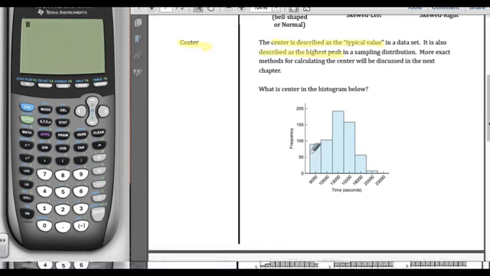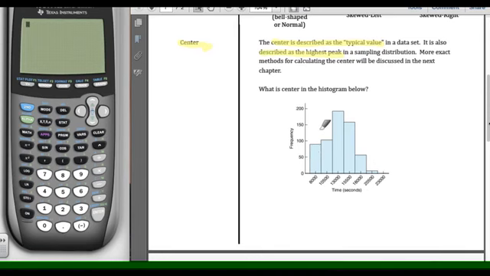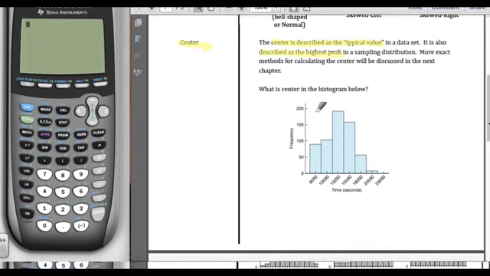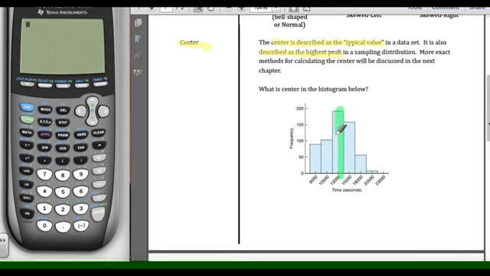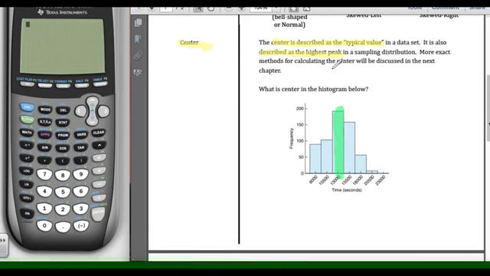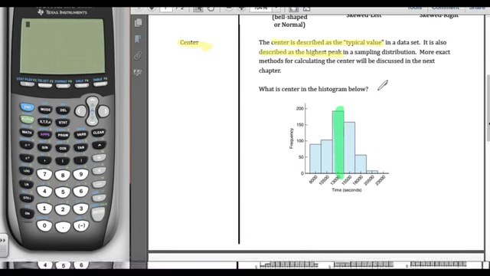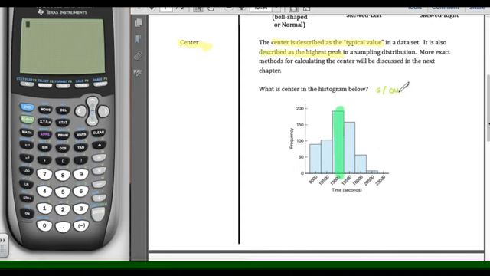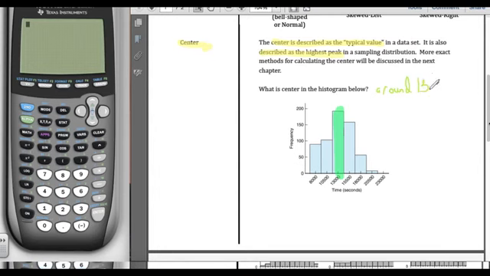If I look at this particular display, the highest peak is right here in the middle. And so I would estimate my center to be around 13,000 seconds.